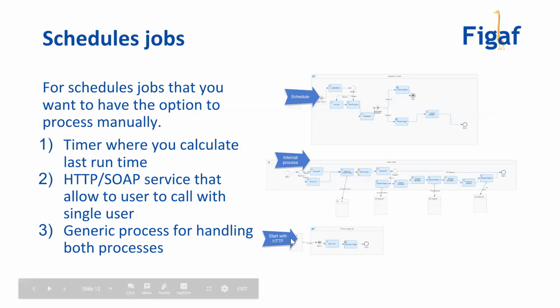We also had an HTTP endpoint where you could enter a user ID, and it would call the same process with that user ID and get the data. This made the process a lot simpler to manage, because you would only have one way of handling these different things, and if you want to make changes, it's just one place.